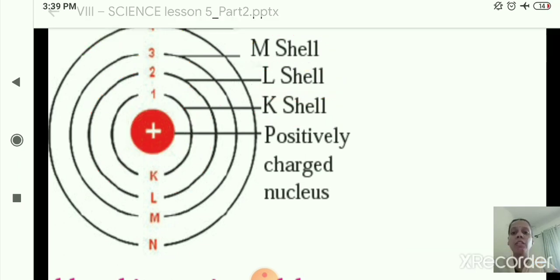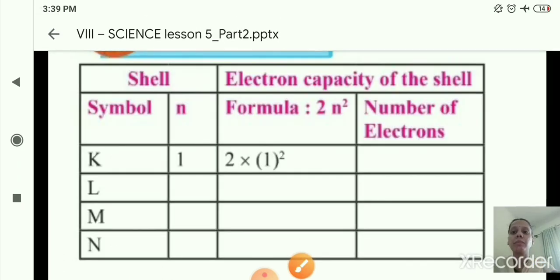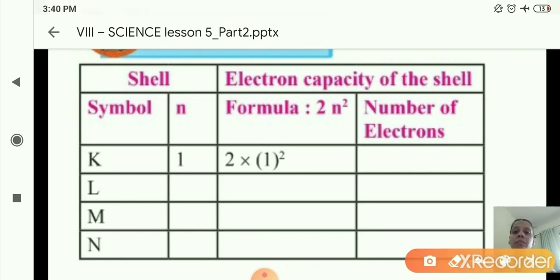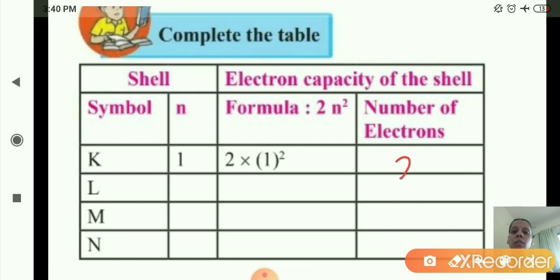Now the next is, okay, we have studied this table. Using the formula 2n square, we will find out the electron capacity of the shell, the maximum electrons which can be accommodated in a particular shell. So K shell has how many electrons? 2, right? L shell, 2 into n square. n is what here? 2.